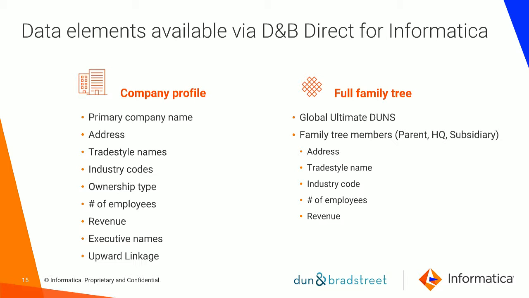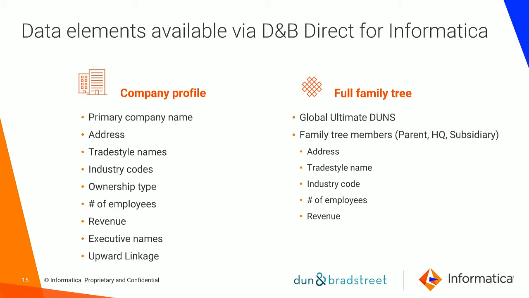So on the content that's available, just diving in, you saw some of this before. Our company profile has the primary name, the primary address, mailing address, trade styles for that company. So trade styles, what other alternative names are there? Industry codes, and this is a suite of industry codes from SICs to NAICS to NACE in Europe.